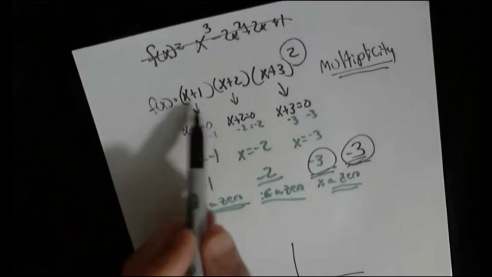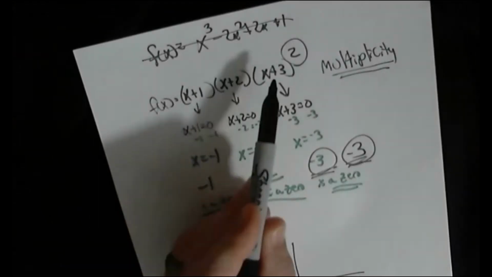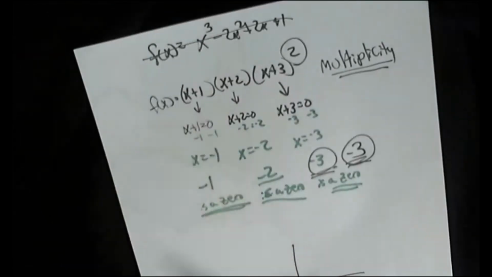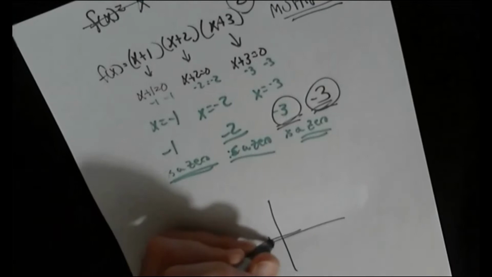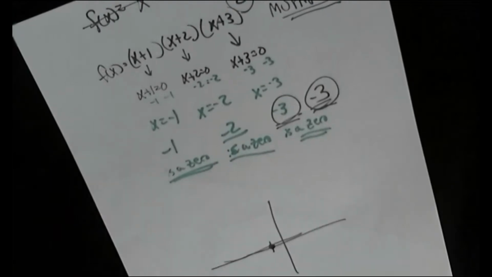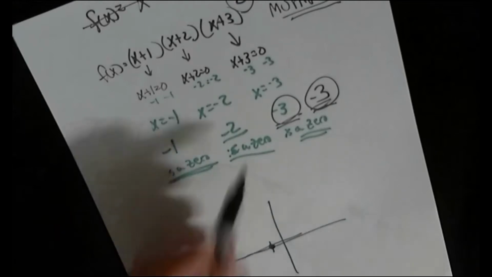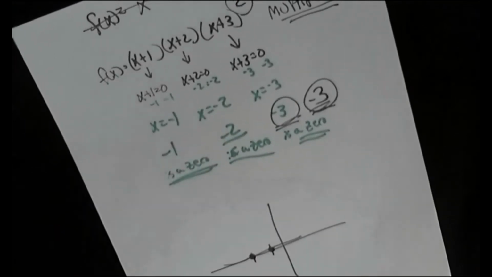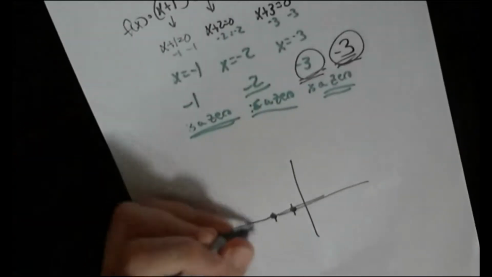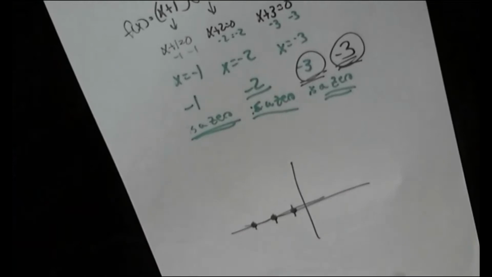But this X plus 1 times X plus 2 times X plus 3 squared, here's some things that I know about this particular function. Number one, I know that -1 is a 0. I'm going to hit the x-axis at -1. I also know that -2 is a 0. And I also know that -3 is a 0.